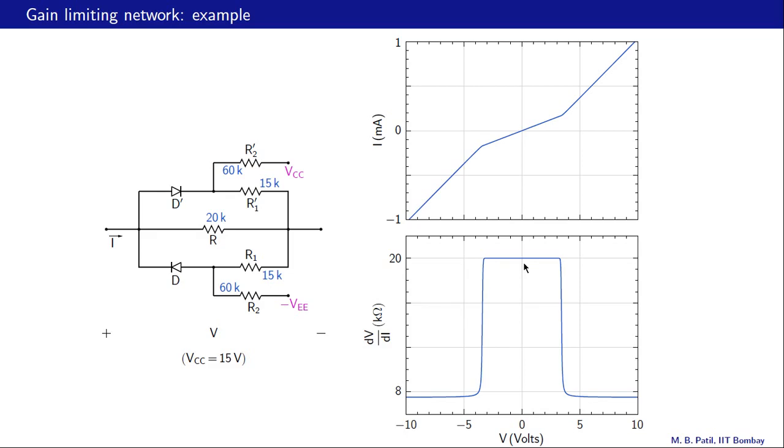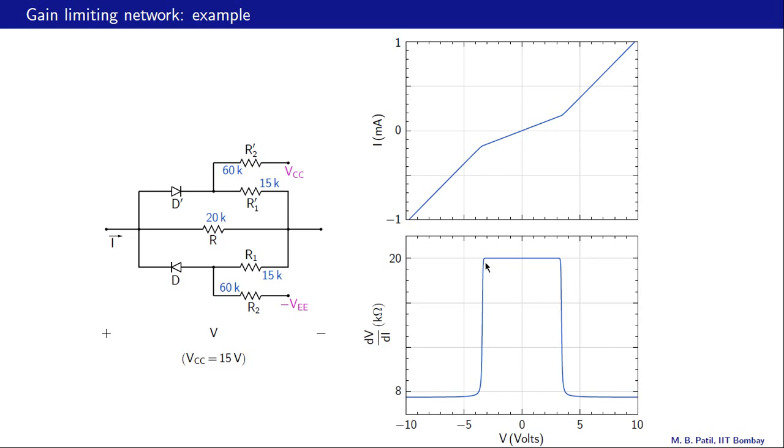As D prime starts conducting, the resistance starts going down, and when D prime conducts sufficiently strongly, finally what happens is this 20K, 15K and 60K, they all come in parallel, and that gives us this resistance here, and that turns out to be something like 7.6K or so.